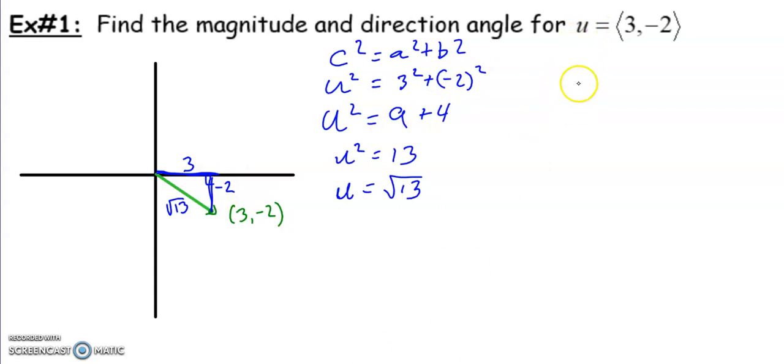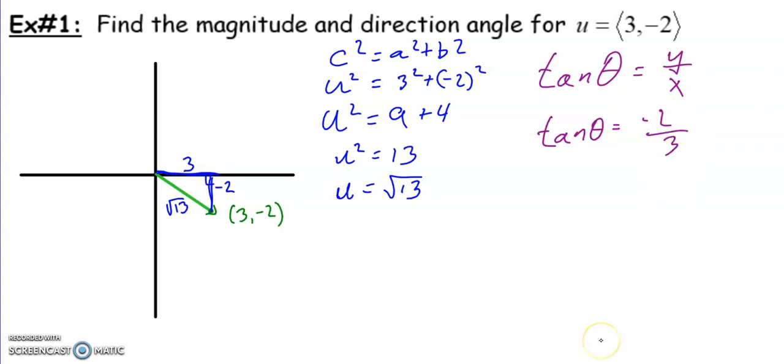So if we've got x and y, we can always find an angle measurement by saying the tangent of theta equals y over x. And I'm using y and x instead of maybe sine or cosine because I figured out the radical 13. What if I made a mistake? I can at least find the angle. So I know the tangent of its angle equals negative 2 over 3. So theta is going to be the inverse tangent of negative 2/3.